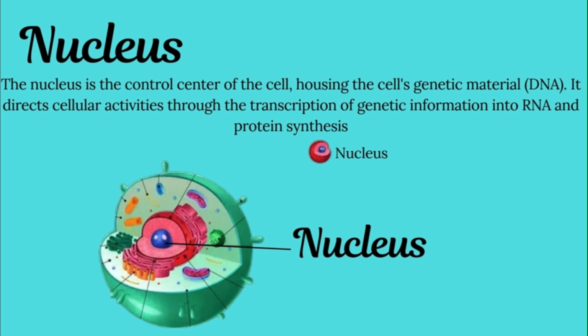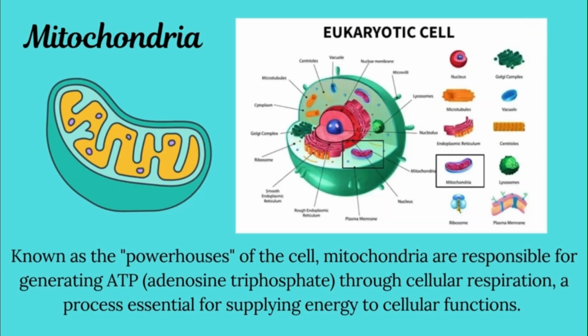It directs cellular activities through the transcription of genetic information into ribonucleic acid, RNA, and protein synthesis. Mitochondria. Known as the powerhouses of the cell, mitochondria are responsible for generating ATP, adenosine triphosphate, through cellular respiration, a process essential for supplying energy to cellular functions.